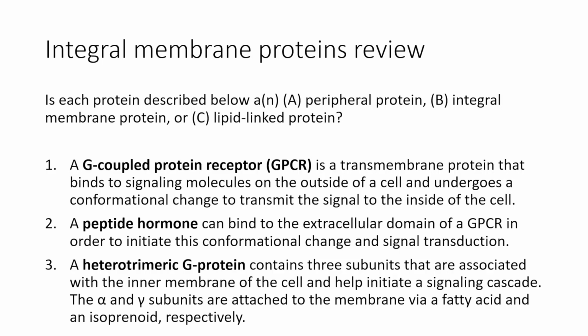Anybody? You have a 1 out of 3 chance of being right. Yeah, it's an integral membrane protein. What clues in that little description help you figure out that it's an integral membrane protein?